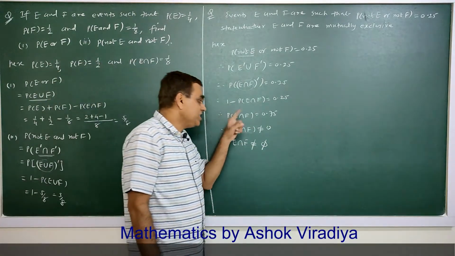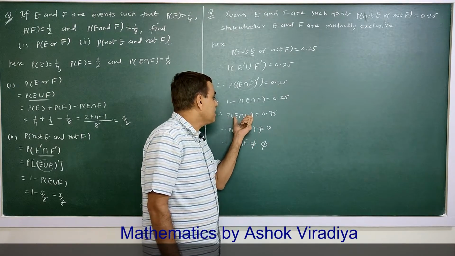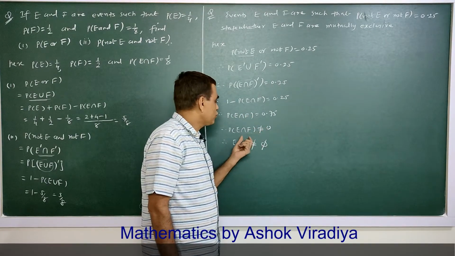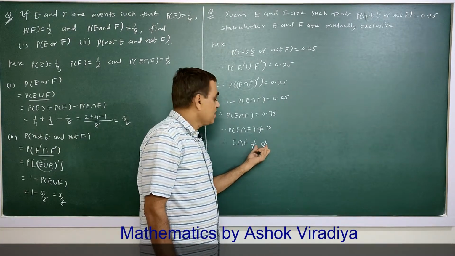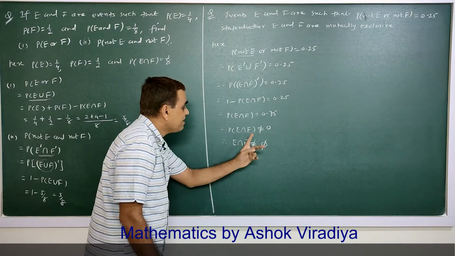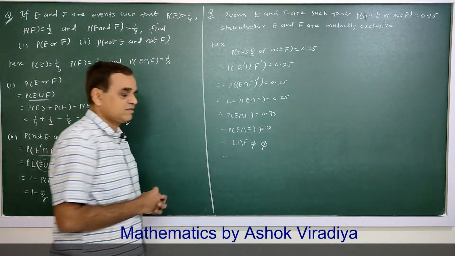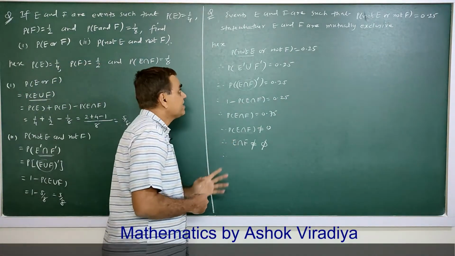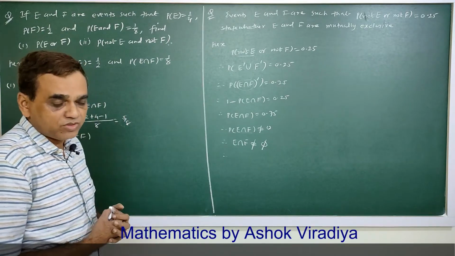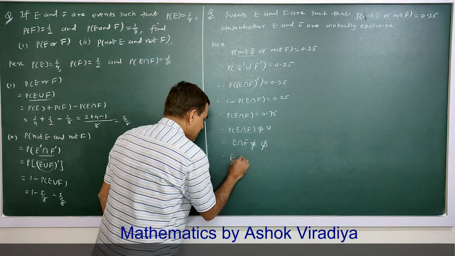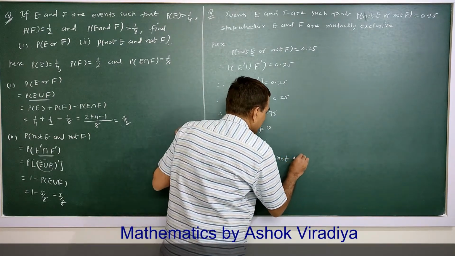If the probability is zero, then the event is impossible, but this is non-zero, so the event is not impossible. And if the intersection of two events is non-empty, then these events are not mutually exclusive. This is non-empty, so E and F are not mutually exclusive.